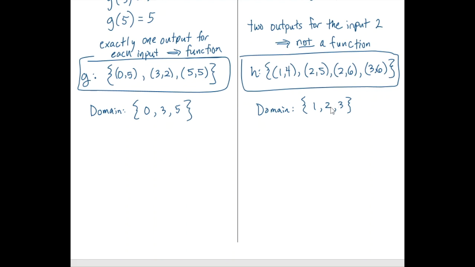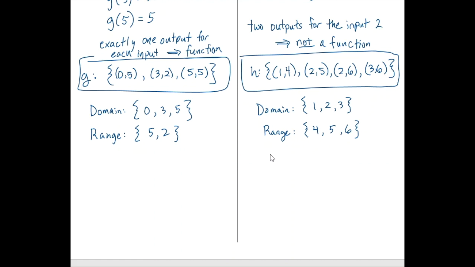This is just one value from the domain. For the range, we list the y-coordinates from each of these ordered pairs. The range for G has the numbers 5 and 2, and again, we do not need to repeat a value if it shows up in two ordered pairs. And the range for H are the values 4, 5, and 6, the y-coordinates from these ordered pairs.